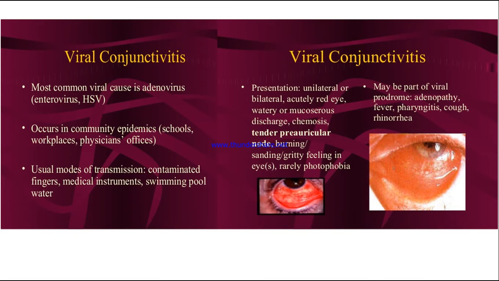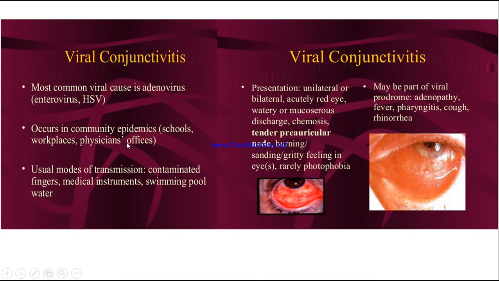Let's go deep into viral conjunctivitis. The most common viral cause is adenovirus. Adenovirus is the main cause for viral conjunctivitis. It occurs in community epidemics such as school, workplace, physician's office.